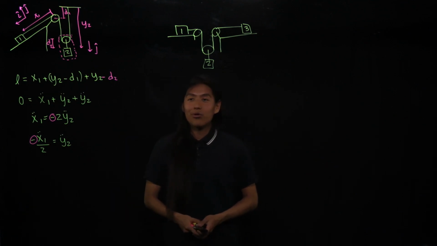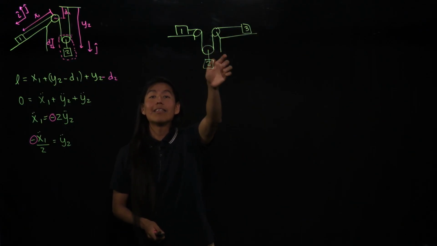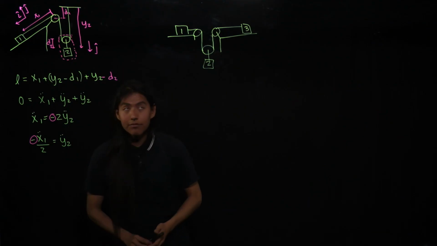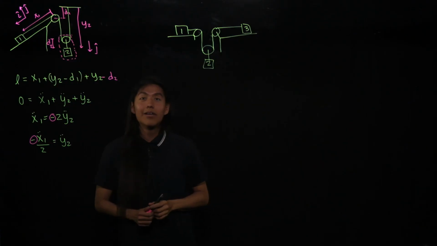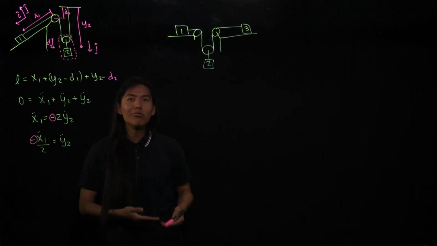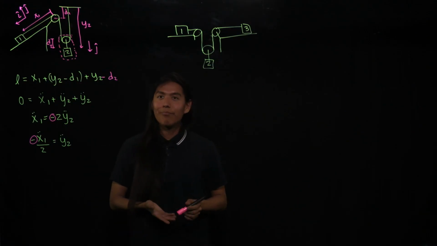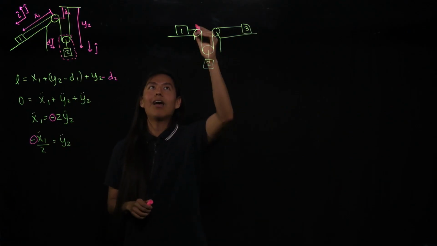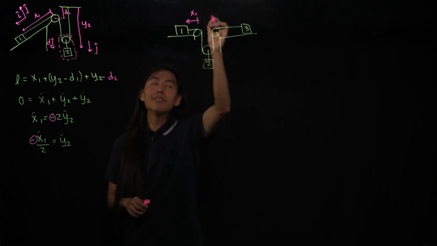And now let's talk about how you would approach a more complicated system like this. This is where, again, I preach the gospel that you have freedom of choice with the coordinate system as long as you stay consistent. I look at this problem as somebody who's done a lot of pulley problems, and I say, the path of least resistance is to choose this to be x1.